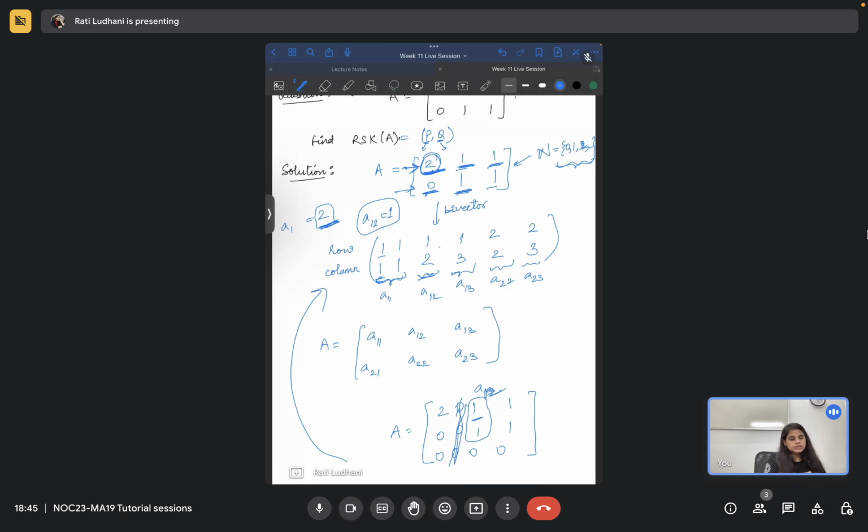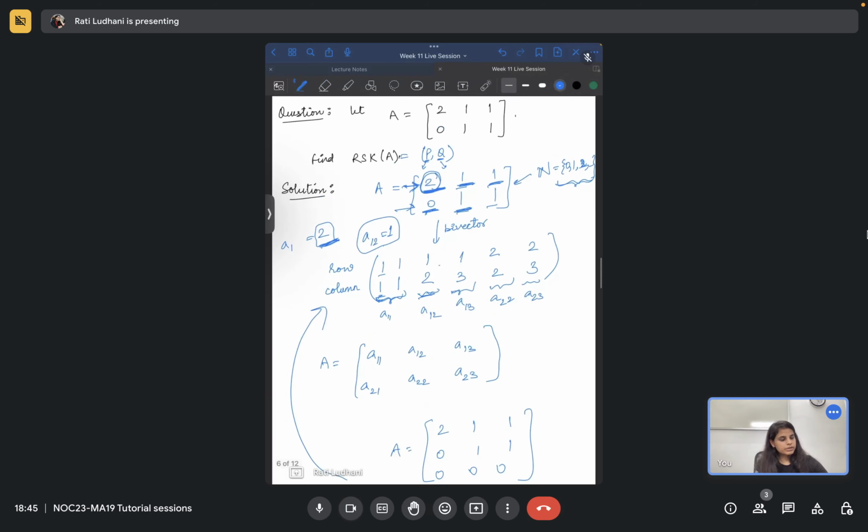Otherwise, if you have just zero entries at this place, so for example, if you have this A, what I did is I just added one extra row with zeros only.